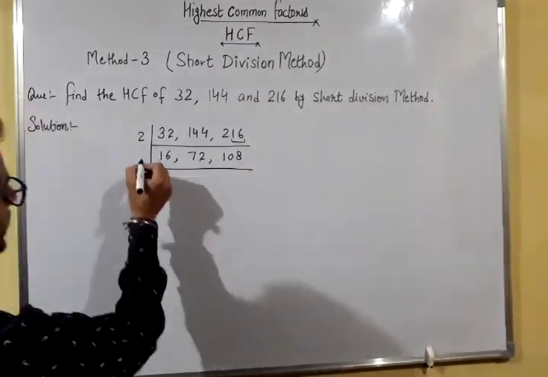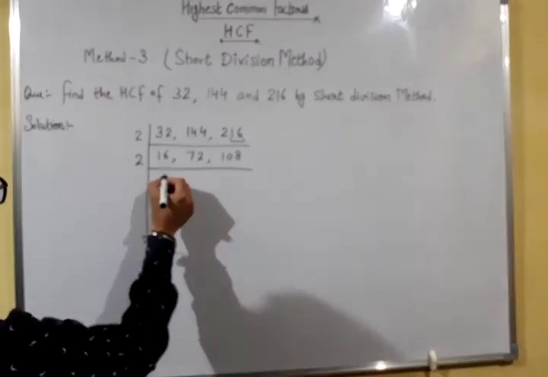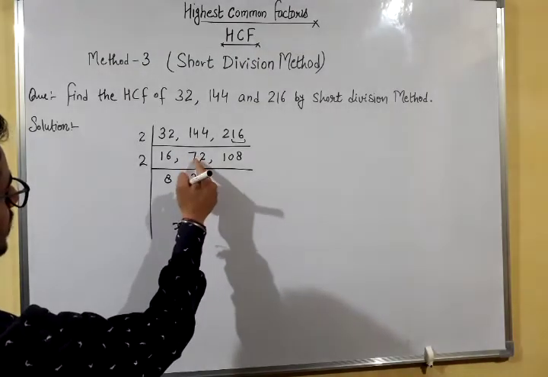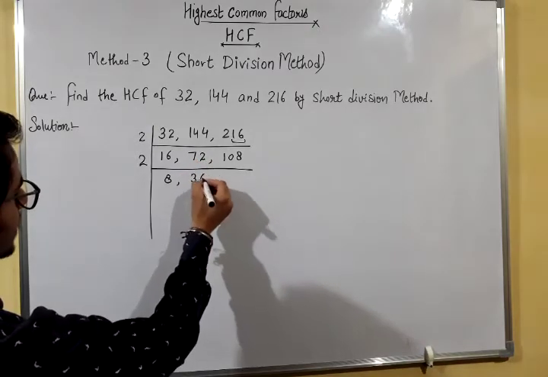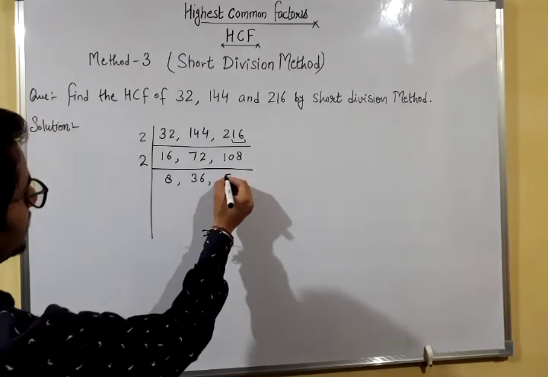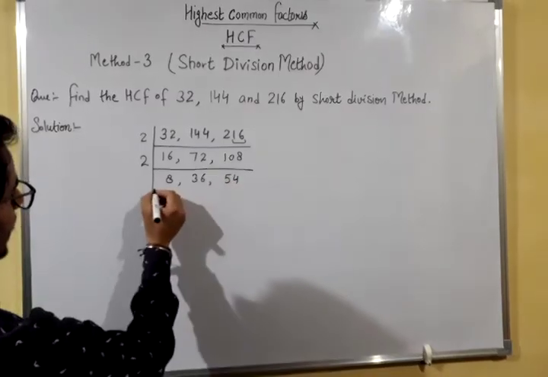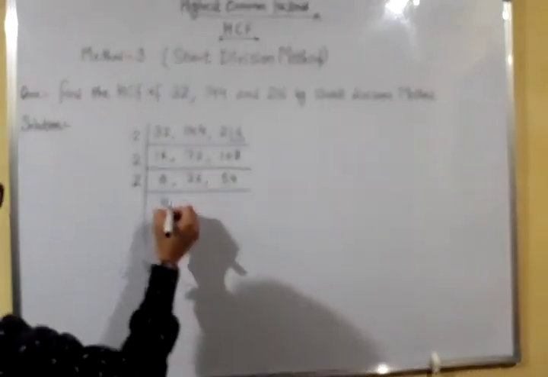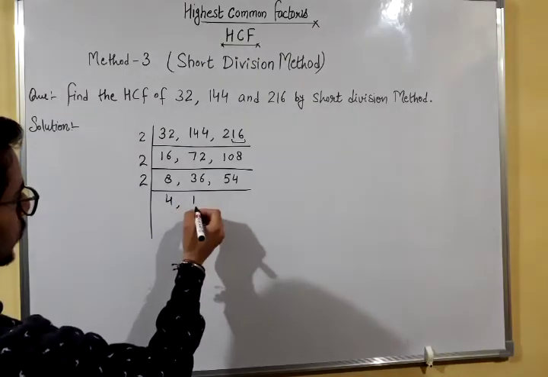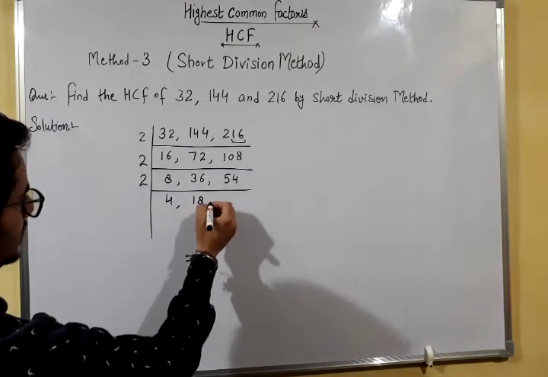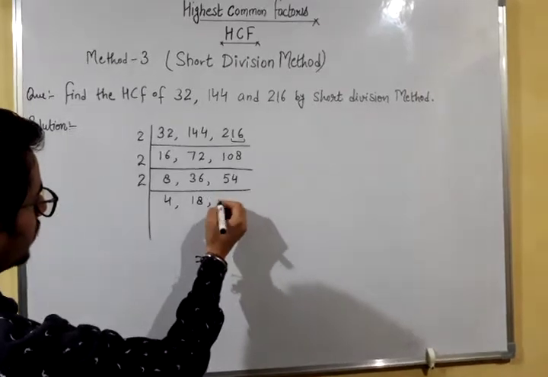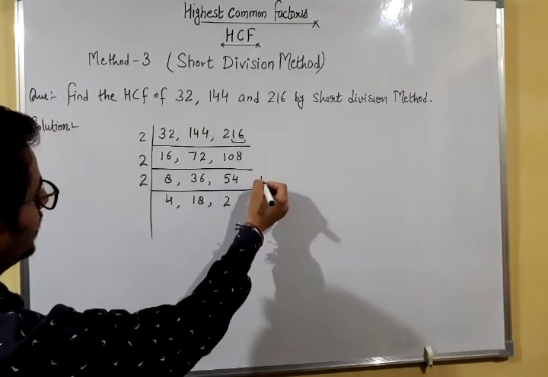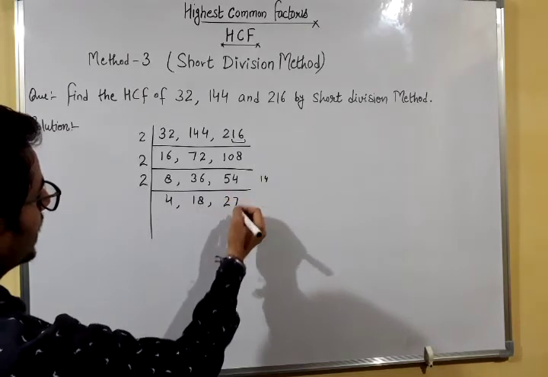It is further divisible by 2. 2 eights are 16. 2 threes are 6. 1 carry 12. 2 sixes are 12. 2 fives are 10 and 2 fours are 8. It is further divisible by 2. 2 fours are 8. 2 ones are 2, 2 eights are 16 and 54. 2 twos are 4, 1 carry, then it will be 14, and 2 sevens are 14.